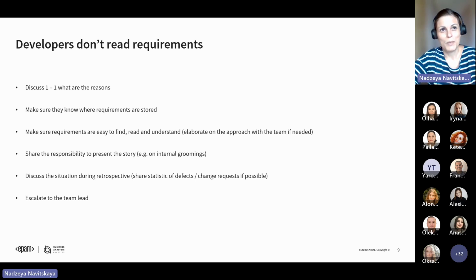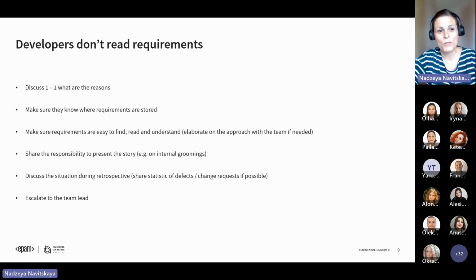I know you may be laughing right now, but yes, I faced such situations when people are working for a long time on a project and they don't know where they can find some Confluence pages. Even if you link to user stories, they don't understand that. They don't know how to navigate Confluence to find out more.